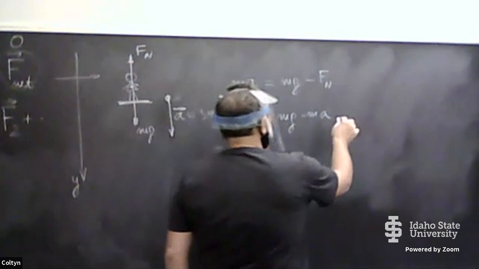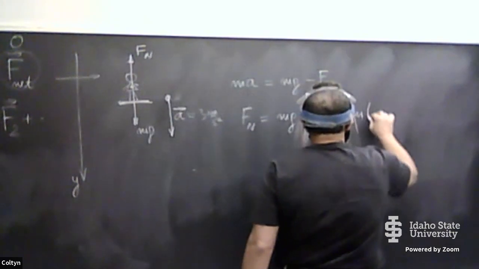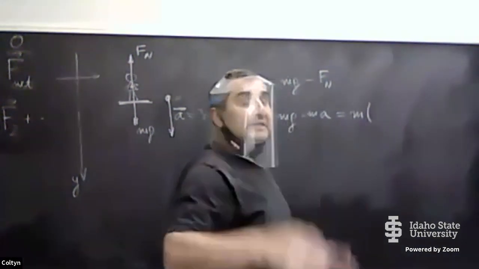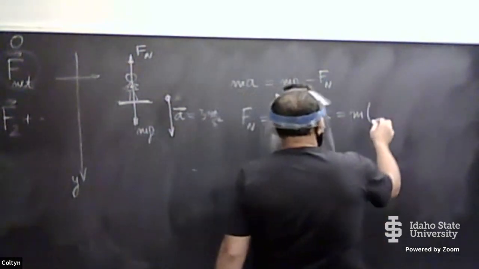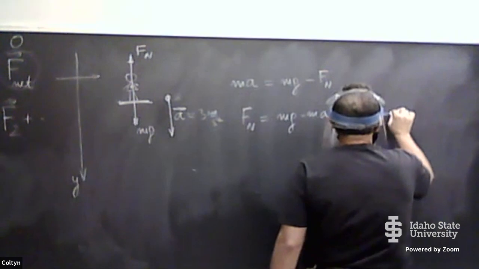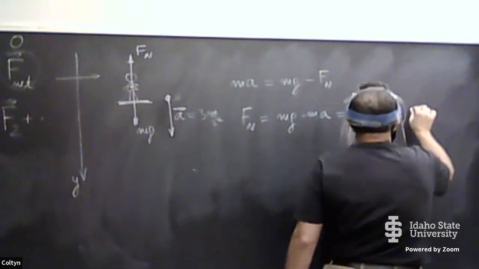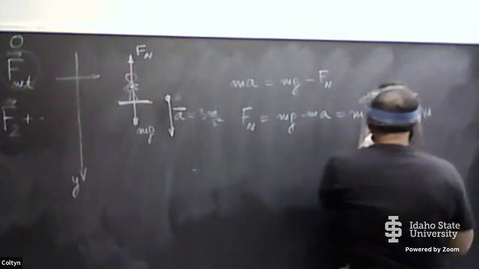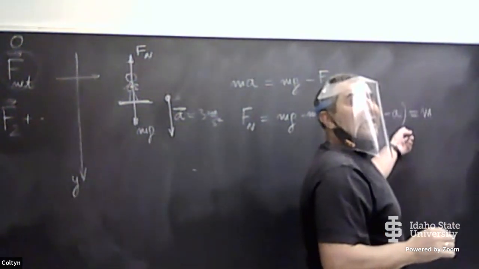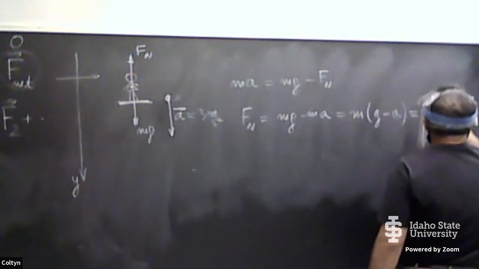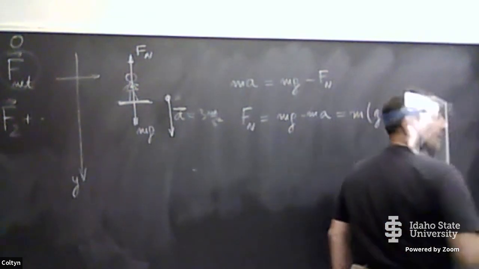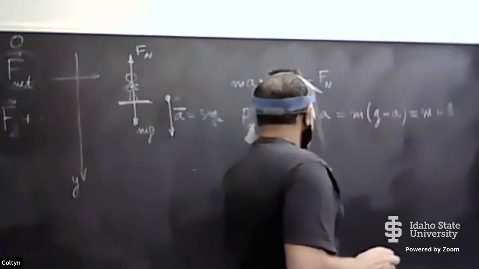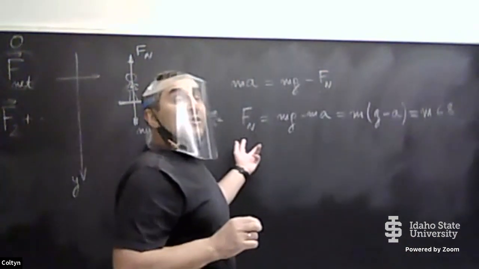For our particular case, if you factor out your body mass, let's say 60 kilograms, you're going to have m times (g minus a). In other words, you're going to have m times 9.8 minus 3, which is 6.8. This is your apparent weight.